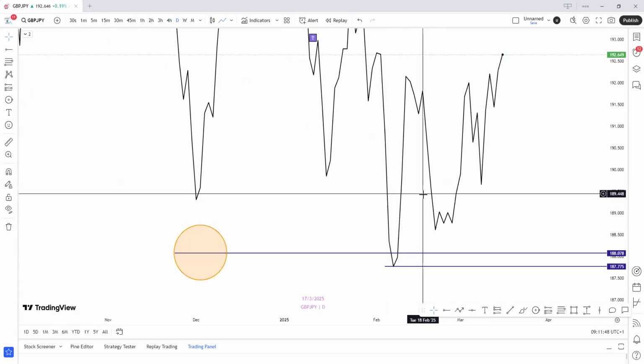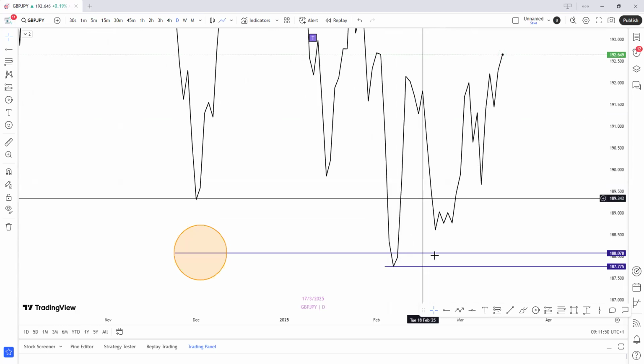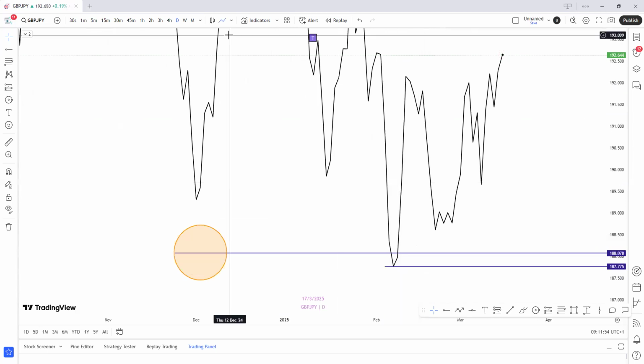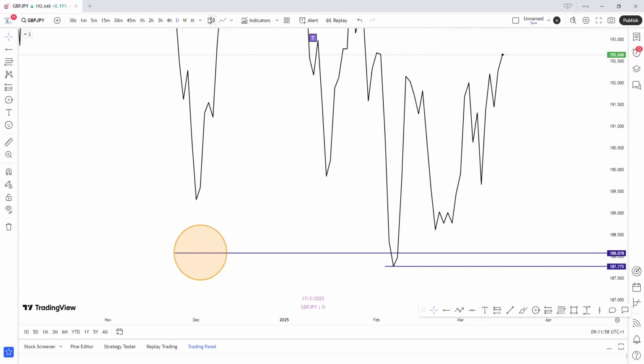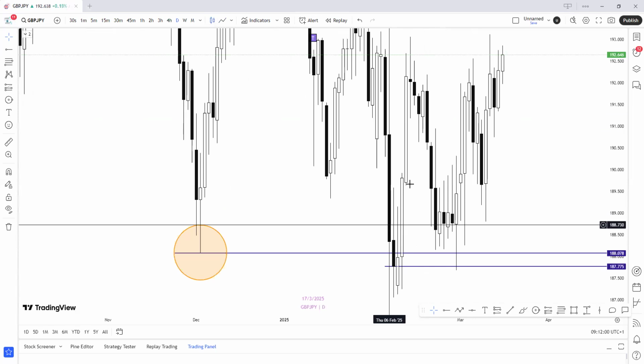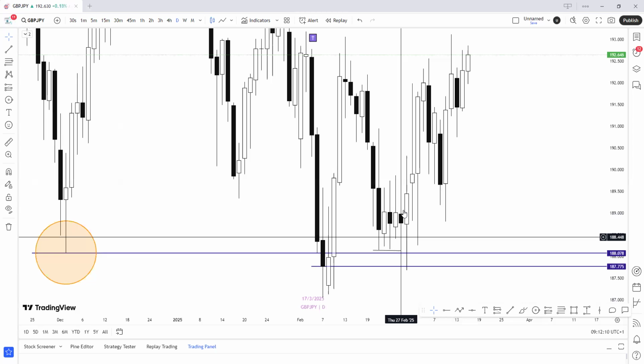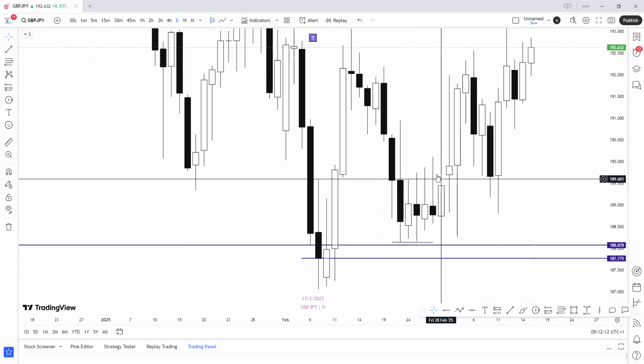Do I know if the market is going to respect this level or not? I don't know. This is why patience is very needed in this business. You need patience to maneuver this business. So basically, the market creates engineered liquidity right here, taps into the key level and rejects, right?